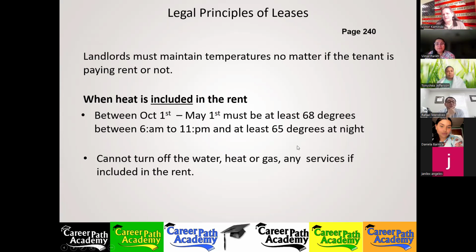But you know what? In buildings where the heat is included, I know somebody who's in an apartment building where they turn on the heat whenever they want. The heat is kind of wonky. Sometimes it's drafty and it's colder than this in there. It's freezing, as a matter of fact.